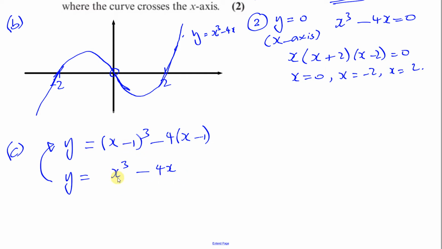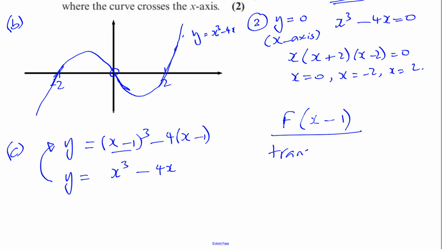And you can see what's happened here is that the x has been replaced by x minus 1. It's as if you've taken this x and replaced it by x minus 1. In that case, we know that this is a transformation which represents a translation.